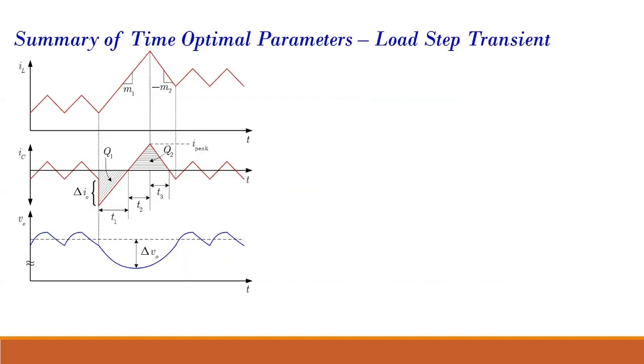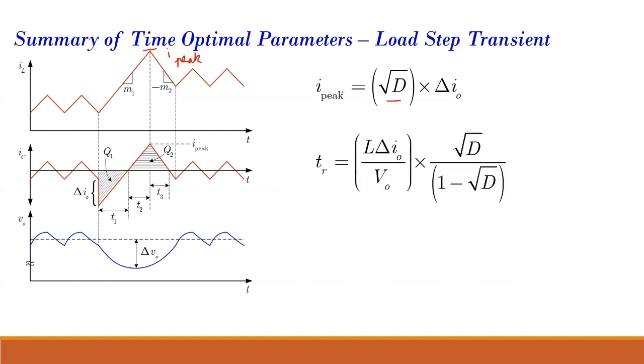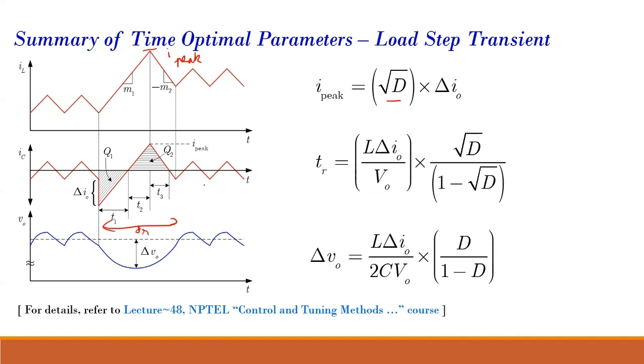If such an operation occurs, then this is my peak current, which can be derived to be of this equation. Then this is my recovery time, derived to be of this, and this dip in my voltage is derived to be of this.